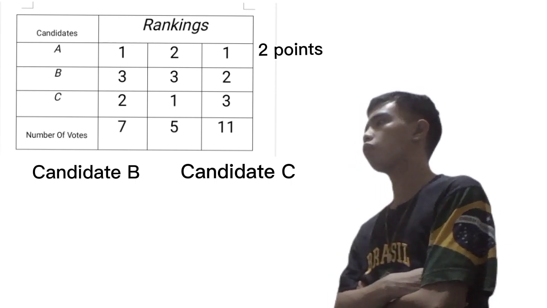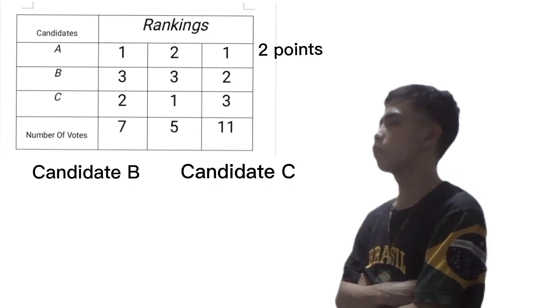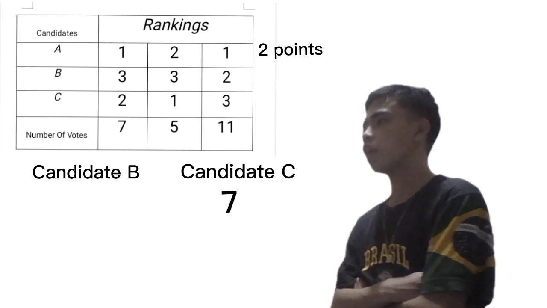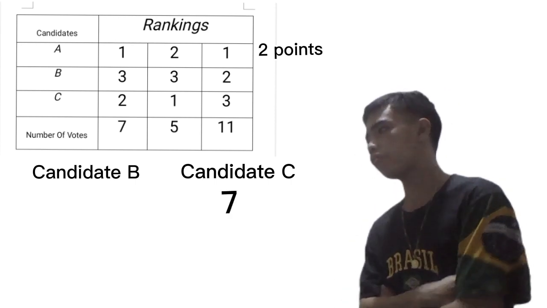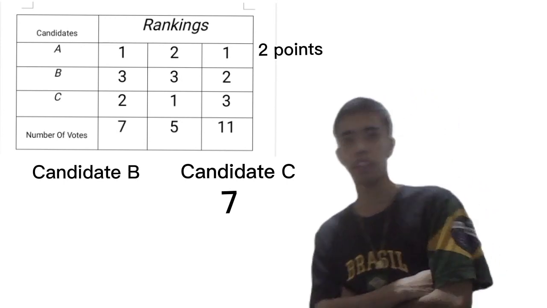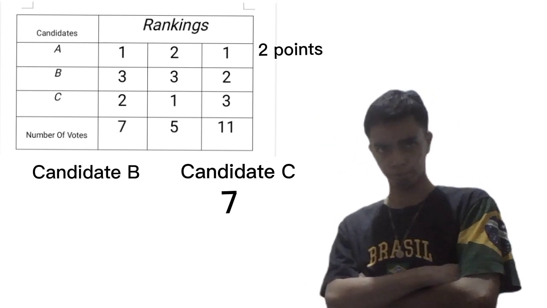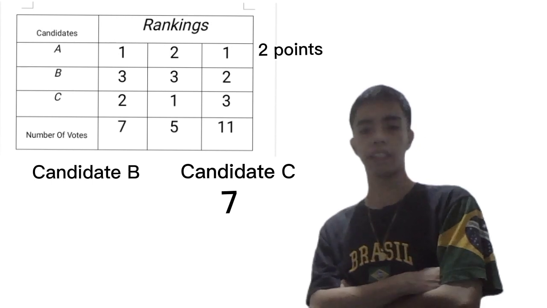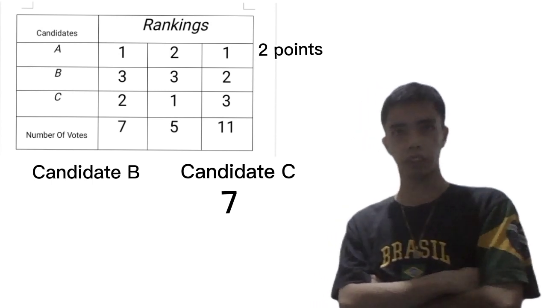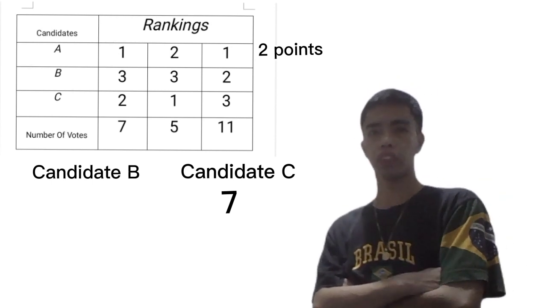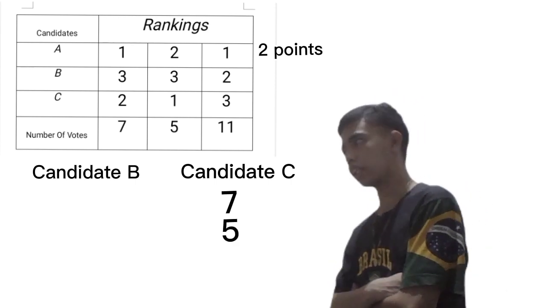Now the number of votes of 7 goes to candidate C. Then in the number of votes of 5, candidate B got third, while candidate C got first. So the number of votes of 5 goes to candidate C.